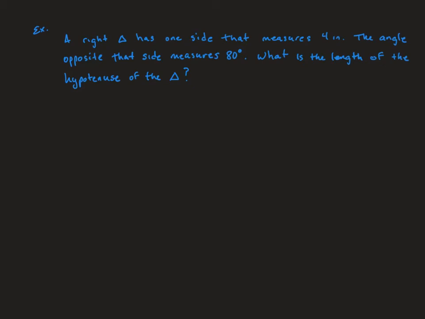A right triangle has one side that measures 4 inches, and the angle opposite that side measures 80 degrees. What is the length of the hypotenuse of the triangle? All right, so I have this triangle, and we know that this is going to be 90, and then it tells me that I do have an angle that is going to be 80 degrees.